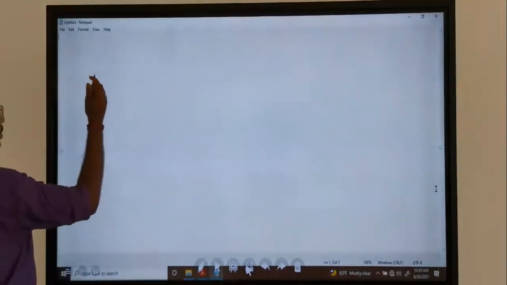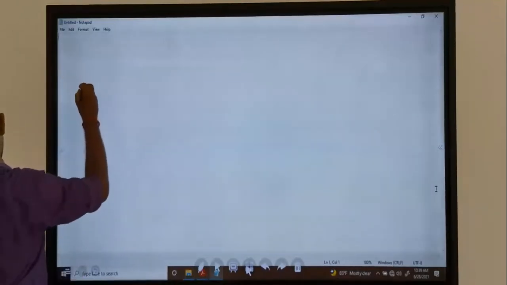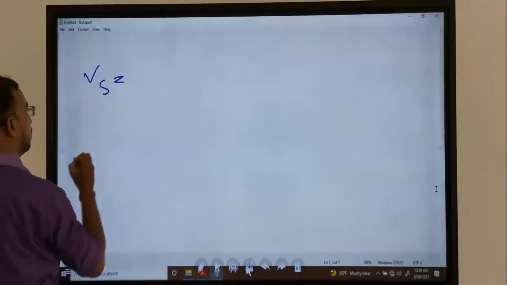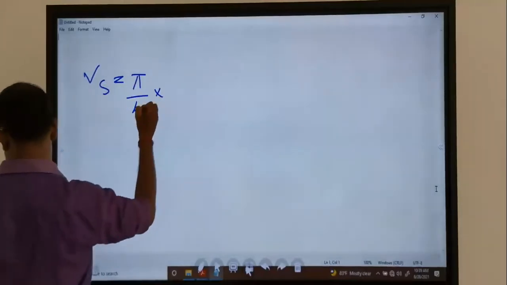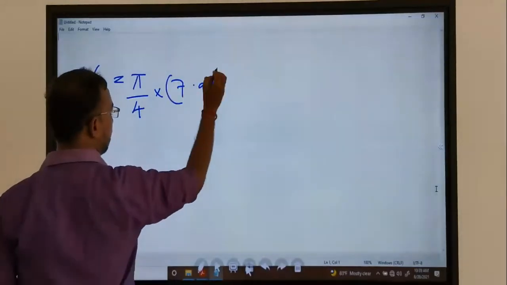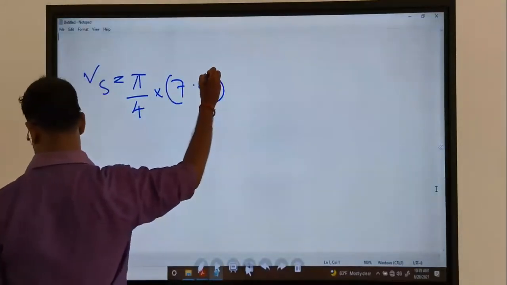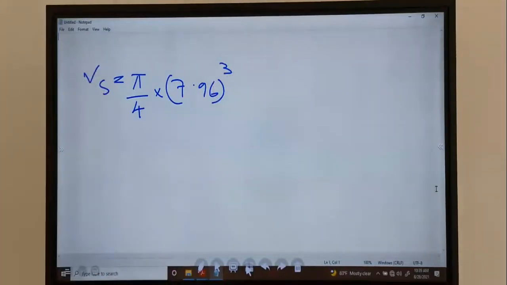So first, okay, and the second part, stroke volume. We find π/4 × D² × L, so 7.96 squared here.